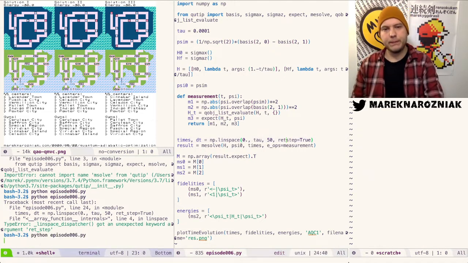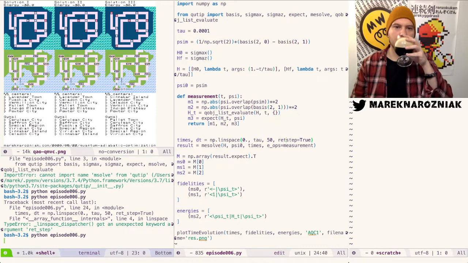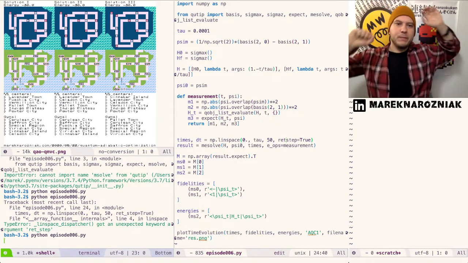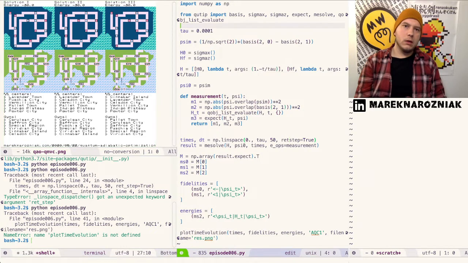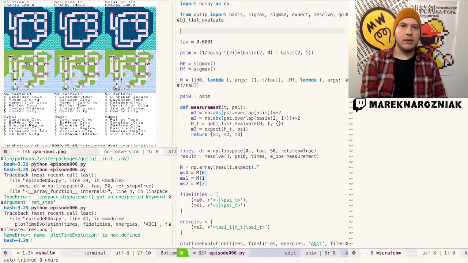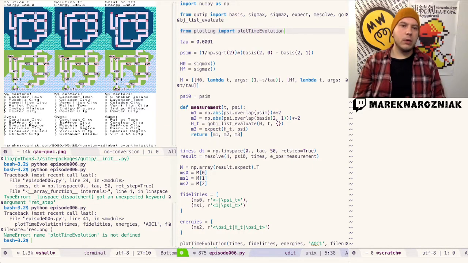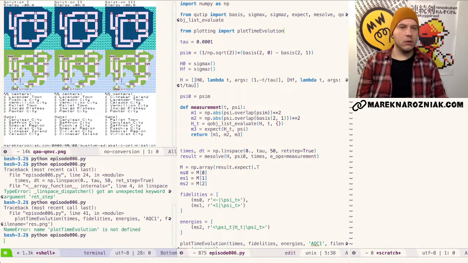All right. Plot time evolution is not defined. From plotting import plot time evolution. Alrighty. Please behave now.